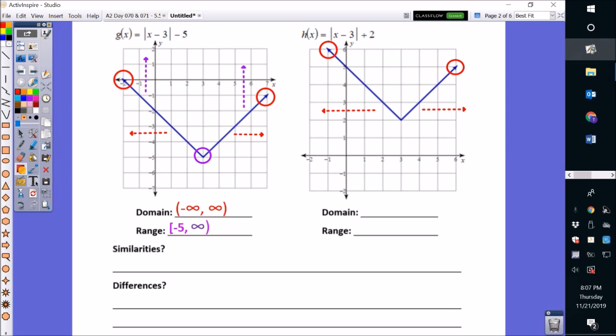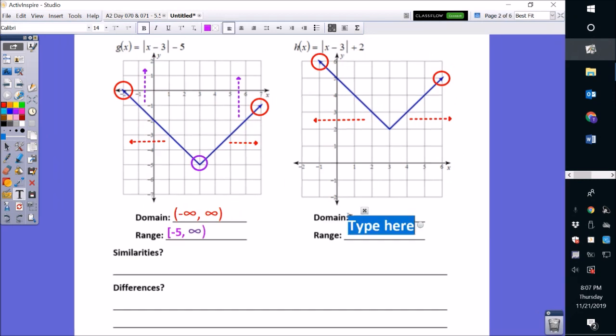So if it's going forever to the left, then let's type out our domain. So if it's going on forever, that means that it's going to go towards infinity. But since it's going towards the left, it's going to be the negative infinity.